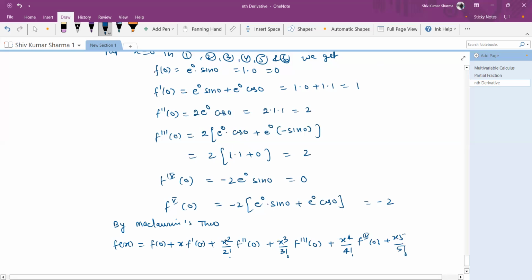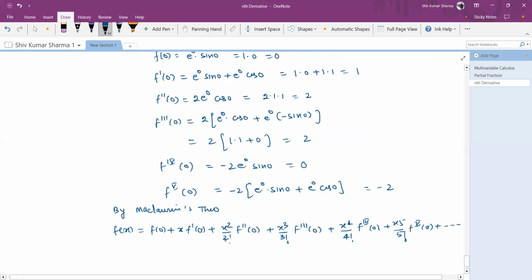We have to prove this up to the fifth term. We write 'and so on' because this is continuous.